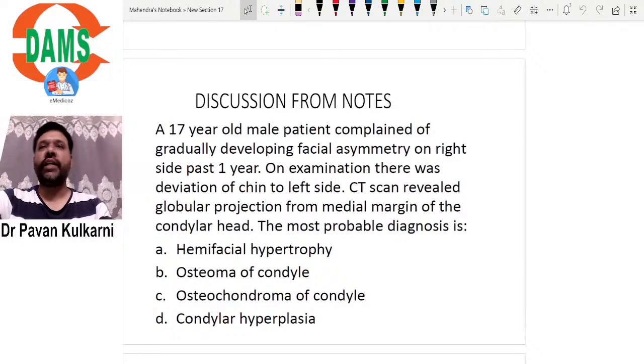In the discussion, we didn't show any image, but you have to correlate this, so we can easily identify that the answer is osteochondroma of the condyle. Now I'm showing you the question and how we discussed it during the regular class and what is in your notes.